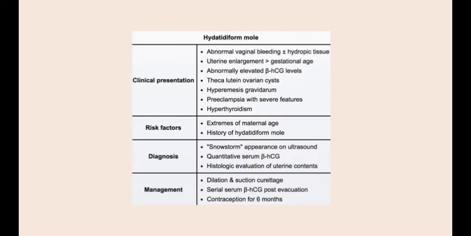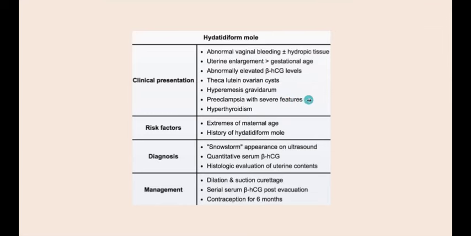So here's a bit of a summary of what we've talked about, how the patient presents. They're going to have abnormal uterine bleeding, a larger uterus than expected, and very high beta HCG levels. Theca lutein cysts are going to occur in the ovaries. Because of that high beta HCG, there might be hyperemesis gravidarum, but there also might be nausea and vomiting that might not meet that criteria, but it will be present.